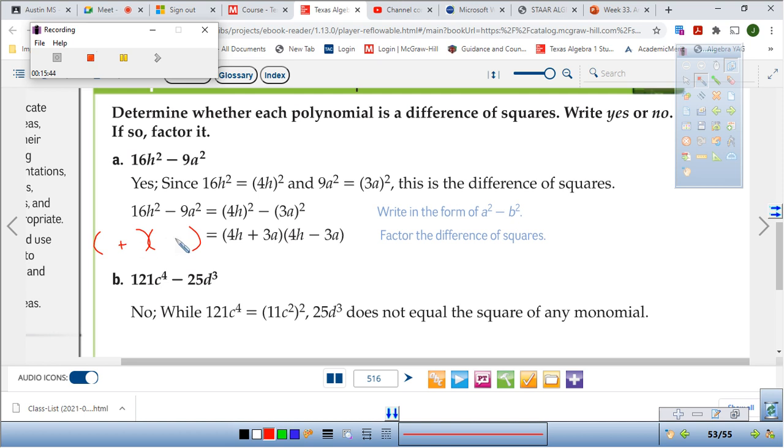Put a plus, put a minus. What is this one here? What squared means what times itself to give me 16. 4 times 4. H here, H here. This one, what times itself gives me a 9? A 3, 3. And I'll put an A here and an A here. And there it is. That's it.